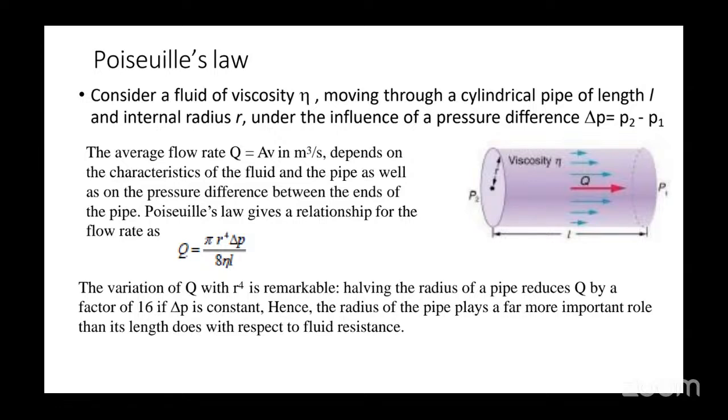So change in P there is the pressure difference from the entering to the exit, while R is the radius of the pipe, then L for the length of the pipe.